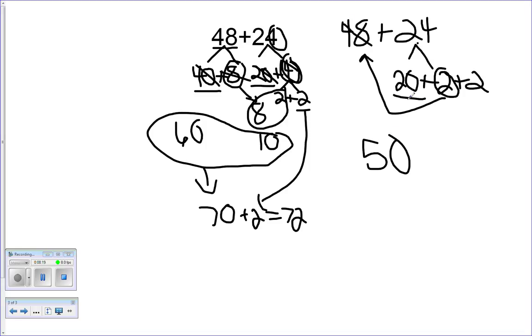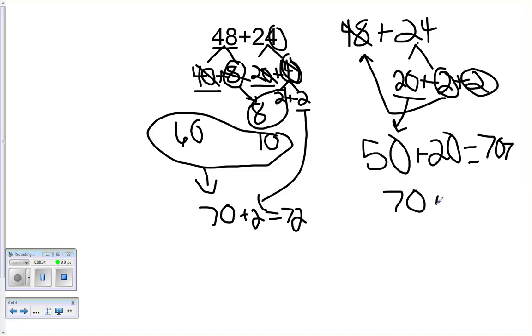Okay, now I have 20 to give to the 50, which gives me 70. And then I have 70 plus my last remaining 2, which gives me 72. Okay, this is still considered regrouping because I created a 10 to solve this problem.